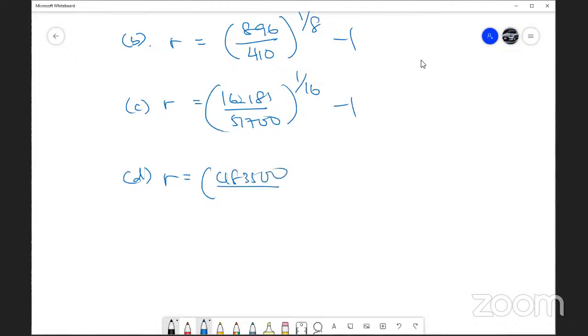483,500 divided by 18,750, 1 over 37, minus 1.